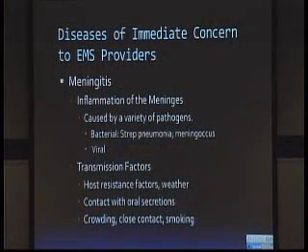You can get bacterial meningitis. That's what we're most worried about. The same streptococcus, strep pneumoniae, that causes pneumonia can also cause meningitis. And then Neisseria meningitidis, which is also called meningococcus, can cause meningitis. That's especially in kids. Those are the patients who look really ill and develop this purpuric rash.